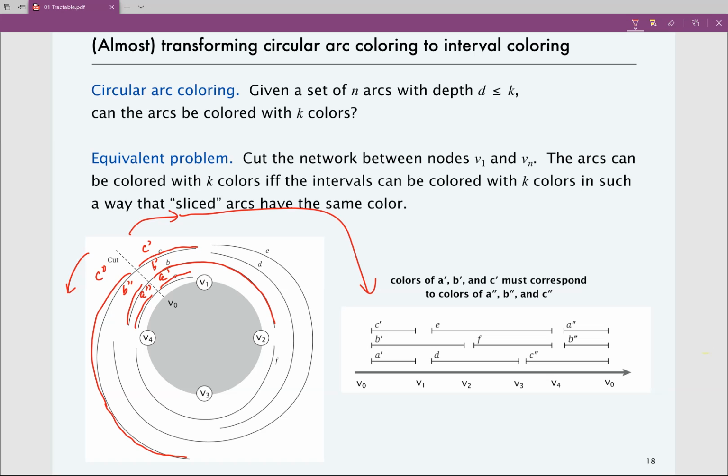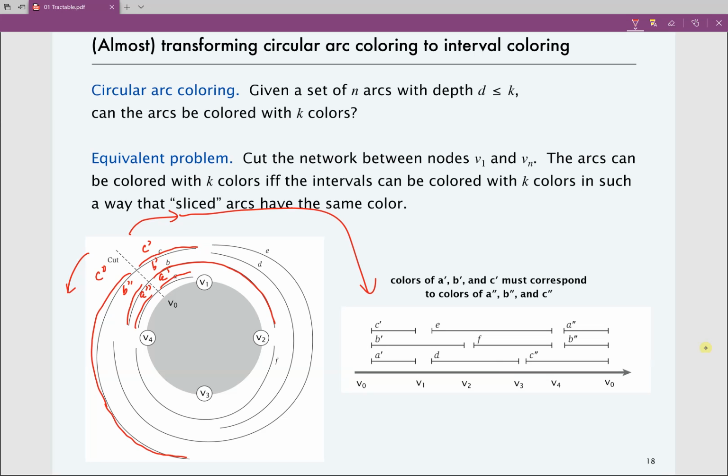Now we know how to solve interval coloring. However, it's not enough just to solve interval coloring on this instance, because we need to ensure something. Take this A prime, for example. Where did we get this A prime from?